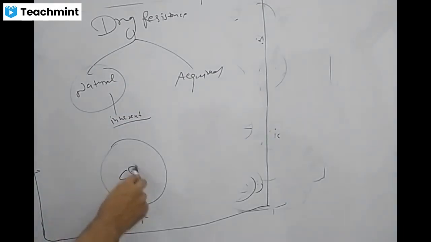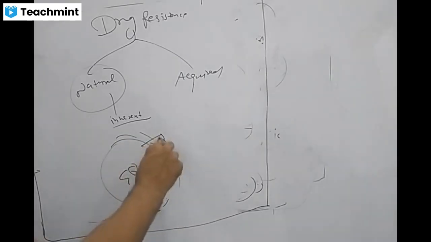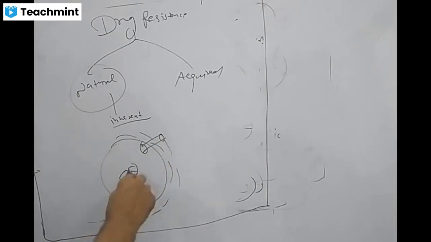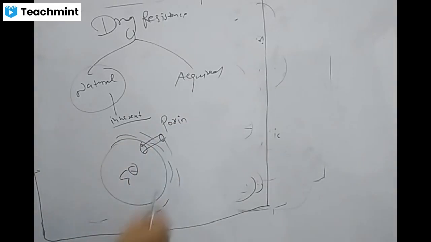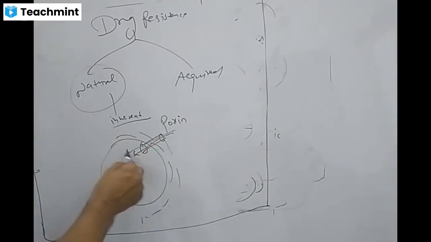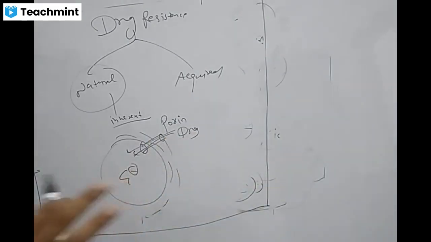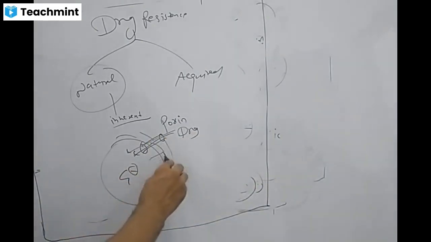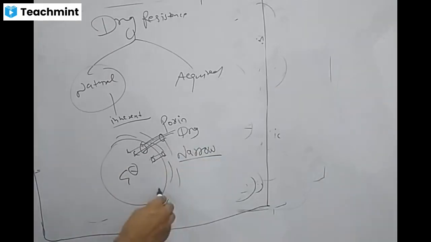It is one of the gram-negative bacteria, and this is the cell wall of the bacteria. In the wall, gram-negatives normally have some pores called porins. Through these porins, drug may enter. But in case of Pseudomonas, these porins may be very, very narrow, or they may be absent.